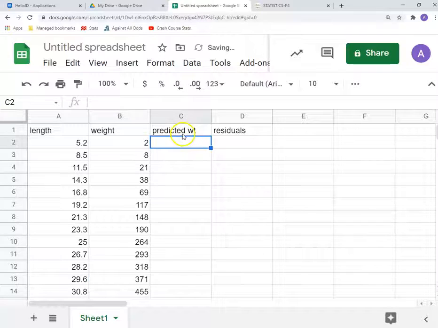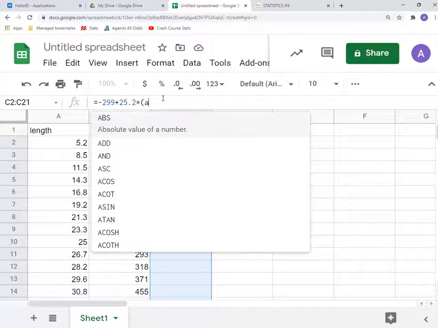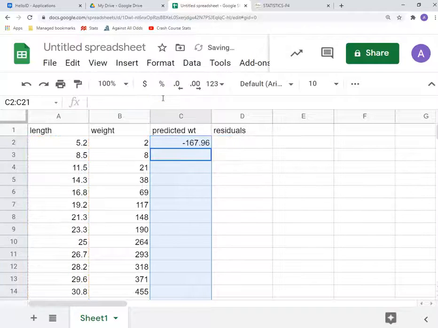right? Right. So, for those of you that forgot, predicted weight, we can highlight the row, then go to the formula bar, put equals negative 299 plus 25.2 times. You have to put the asterisk or it doesn't like you. Our x's are in A2 to A21. Hit enter.